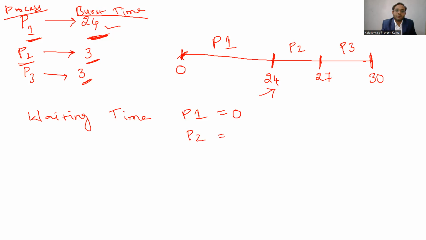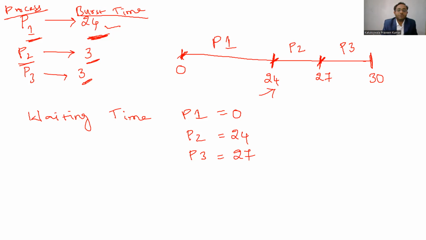P2 arrived after completion of 24 units of time, so P2 waiting time is 24. Coming to P3, what is the P3 waiting time? P3 arrived at 27 units of time, so P3 has waited till 27 units of time. P3 waiting time is 27. So these are the individual waiting times.